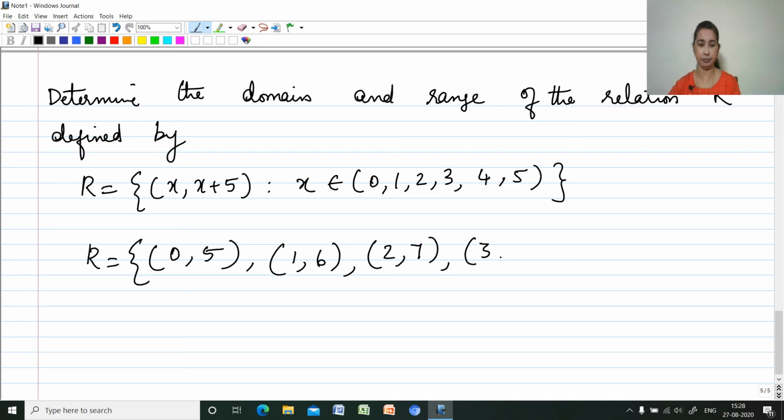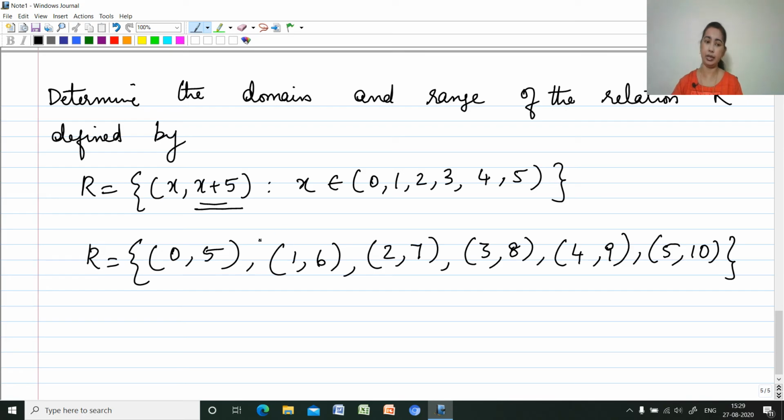Then (3, 8). Then (4, 9). Then (5, 10). Here it is not told which set. It only says that if x is an element of {0, 1, 2, 3, 4, 5}, then the second element is x plus 5. So we can write it in roster form.